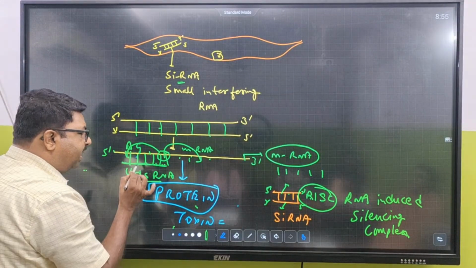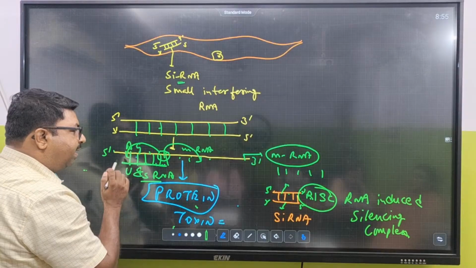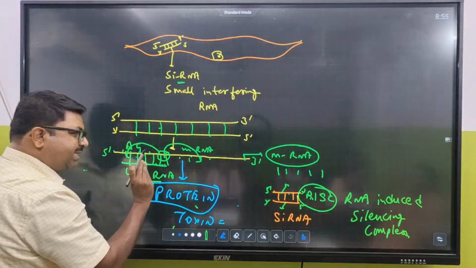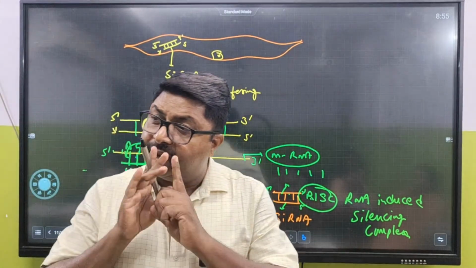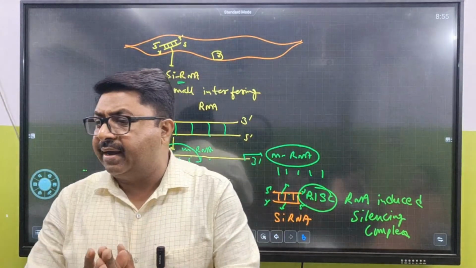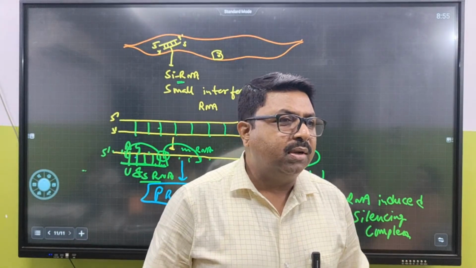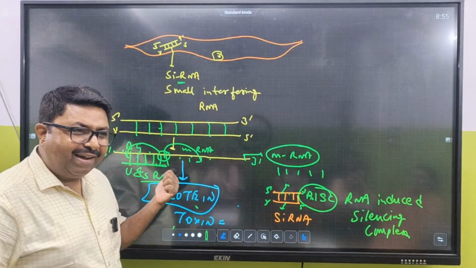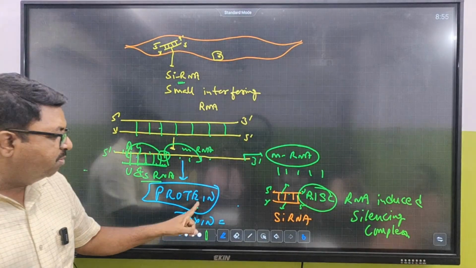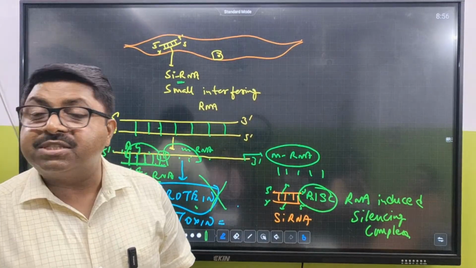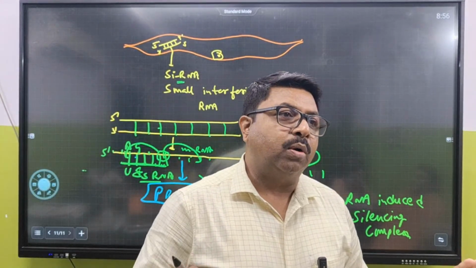U है. यहाँ पे G है तो यहाँ पे क्या? C है. And when it binds, not only does it silence the mRNA, खामोश तो करेगा, और करने के बाद वो छोटे छोटे टुकड़े में तोड़ देगा, the total mRNA. And ultimately what is going to happen? There will be no protein formation, which is going to help the plant from this particular infestation by the nematode.